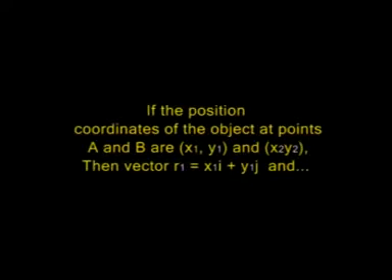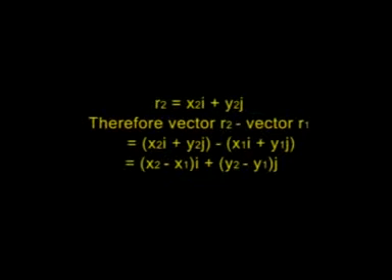If the position coordinates of the object at points A and B are (x1, y1) and (x2, y2), then vector r1 is equal to x1 i plus y1 j and r2 is equal to x2 i plus y2 j.